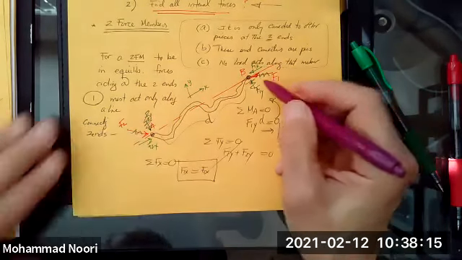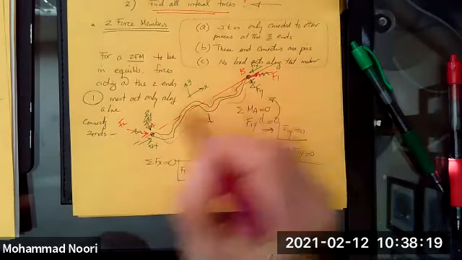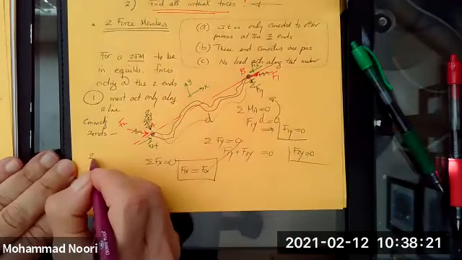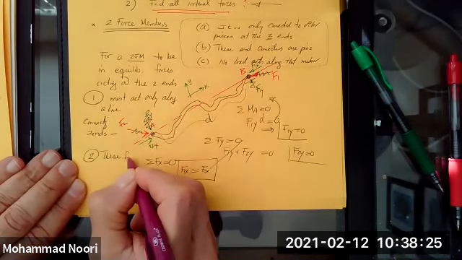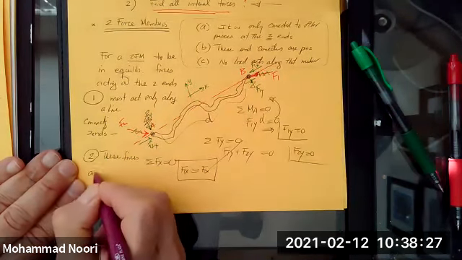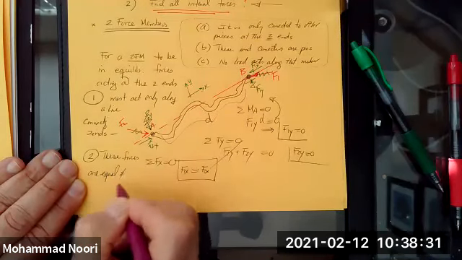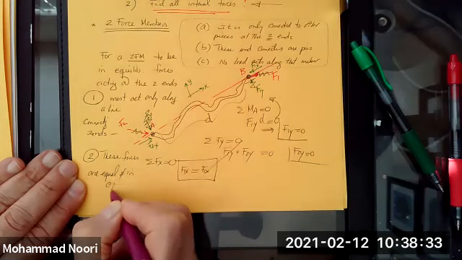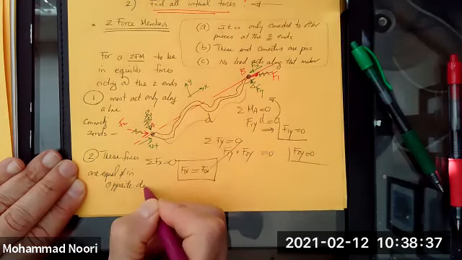We proved that we cannot have force acting in any other directions. They have to be acting along this line. And two, these forces are equal and in opposite direction.